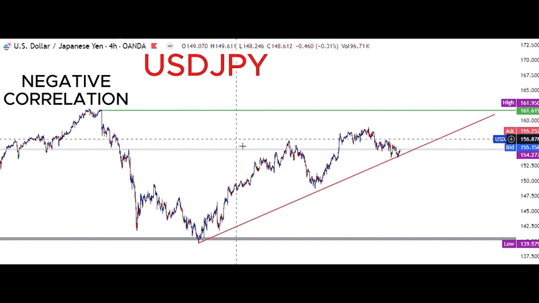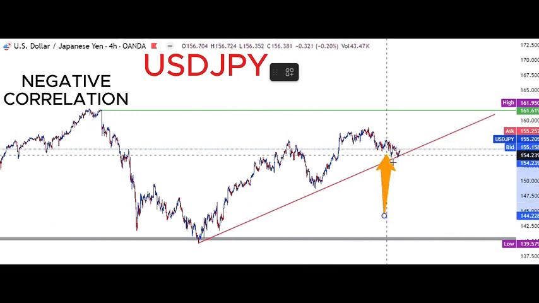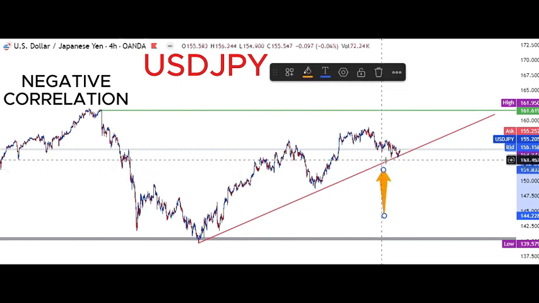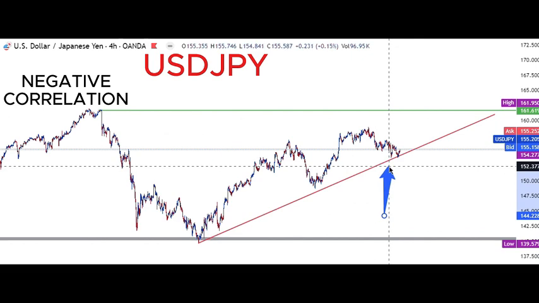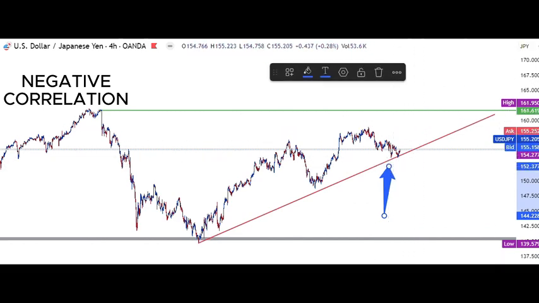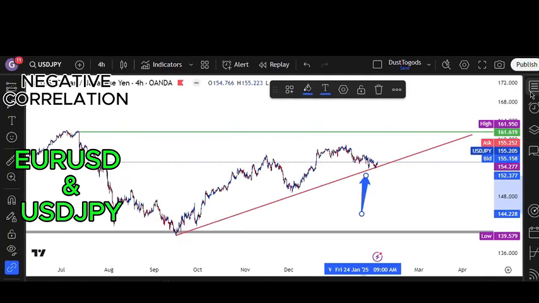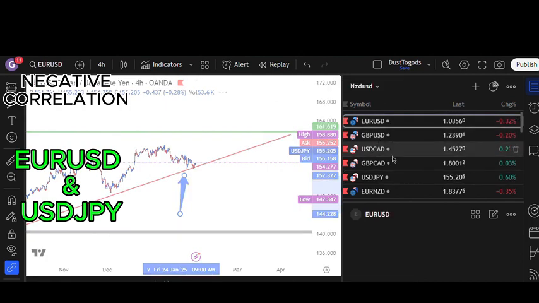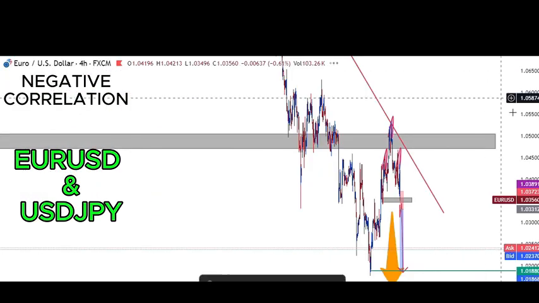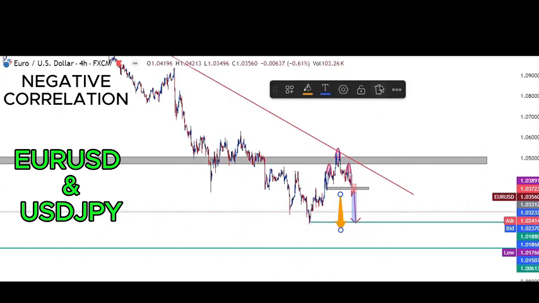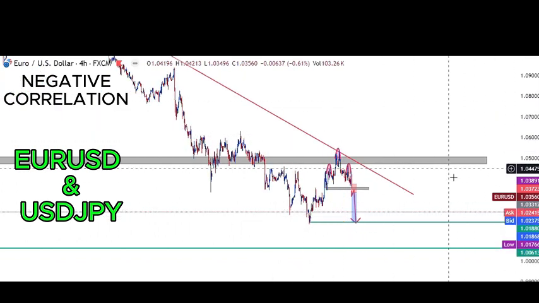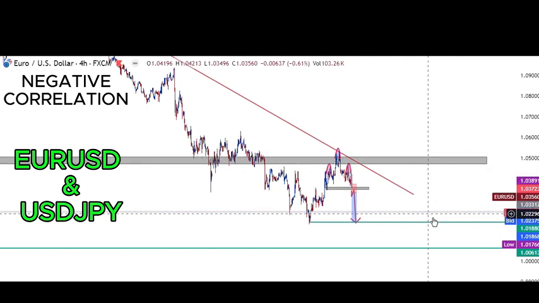That means if the USD/JPY is bullish, as we can see, the EUR/USD is bearish, and the GBP/USD is also bearish. So they have a negative correlation. So that was the lesson, guys.